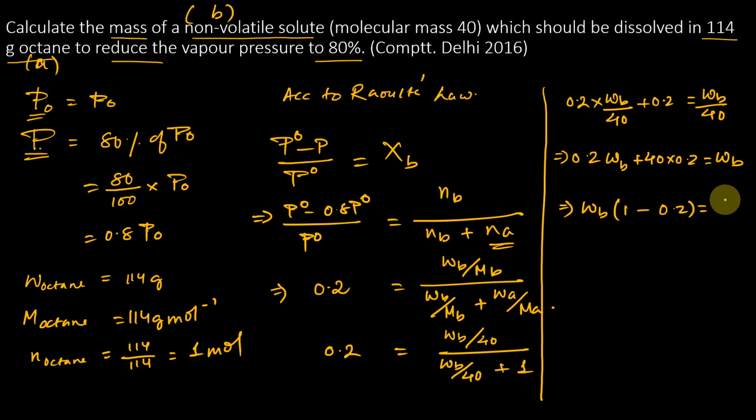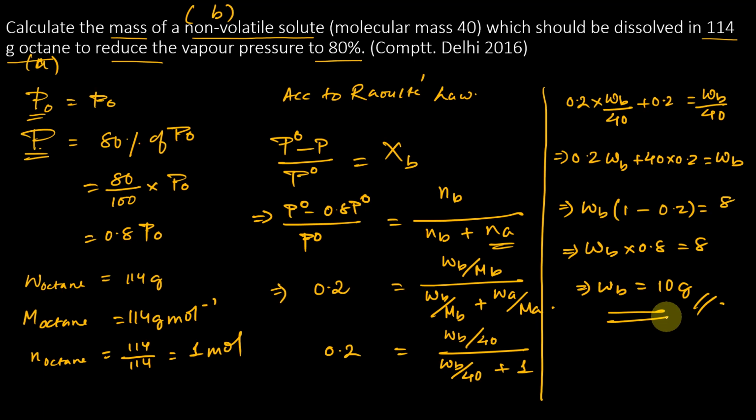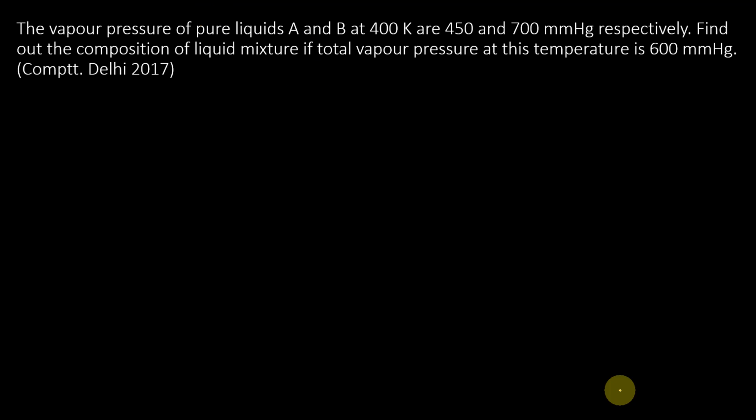How much is 40 into 0.2? It is 8. So WB into 0.8 is equal to 8. So WB will be equal to 10 gram. So the mass of the non-volatile solute is 10 gram. Clear? So let us move on to the next question.